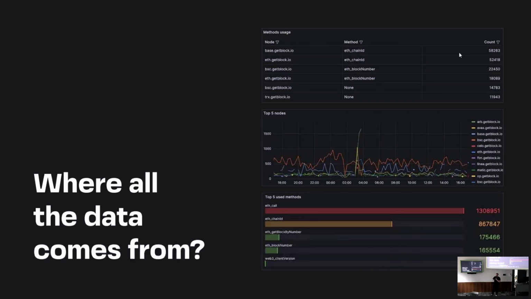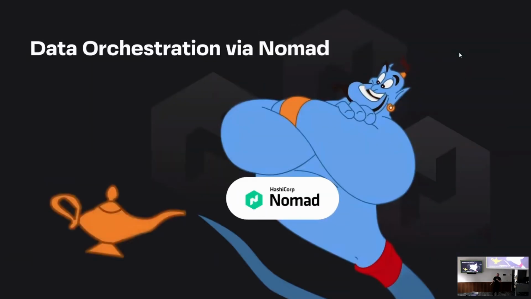And last but not least is our orchestrator. What we're using is Nomad. You will ask, why not Kubernetes? I will say I have no idea, because it happened before I came to the company, and it's like history. And sometimes history makes you move in a certain direction.